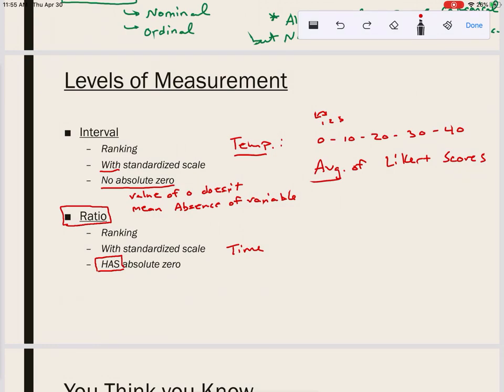If I'm looking at sprint distance or marathon running times, there's ranking, because I could have a fast time or a slow time, and there's differences between them. There's a standardized scale. The difference between 1 minute and 2 minutes is the same as the difference between 2 minutes and 3 minutes. And there is an absolute 0. An absolute 0 means a value of 0 does mean absence of a variable.